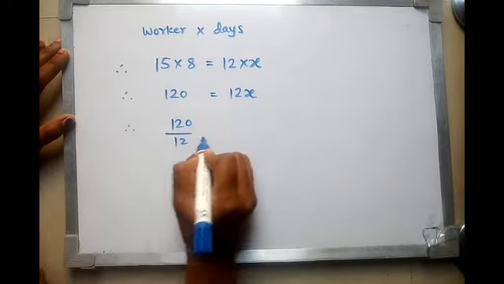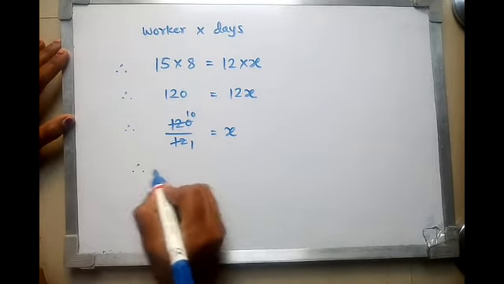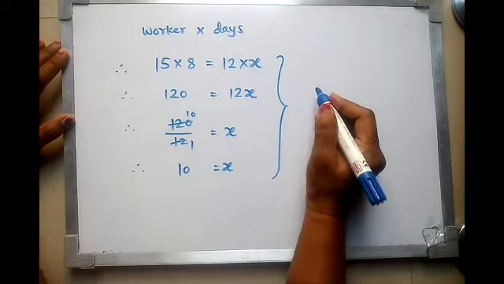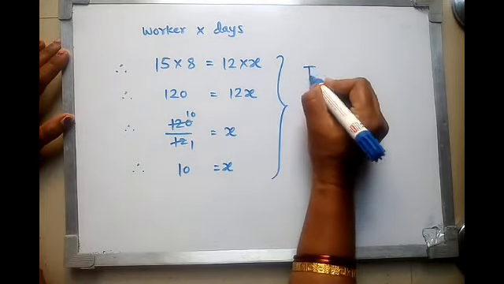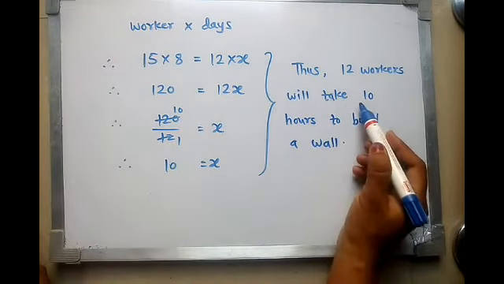We take 12 to the left side, right side remaining x. 12 tens are 120. 10 is equal to x. Answer: 12 workers will take 10 days to build a wall.